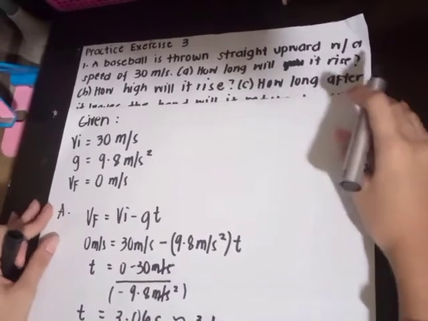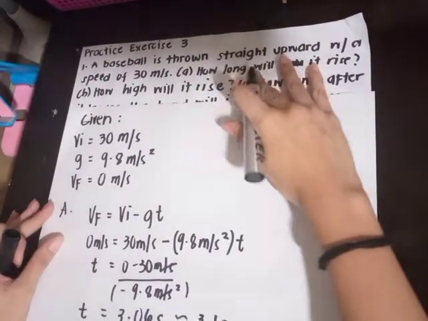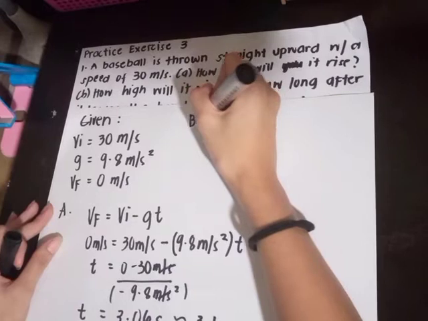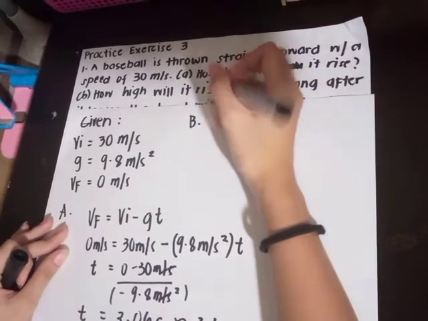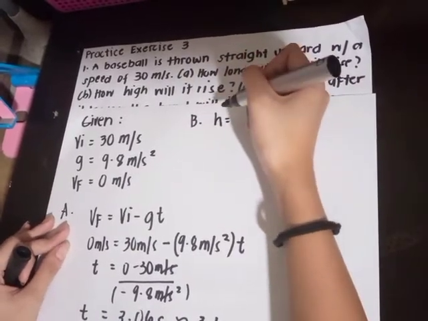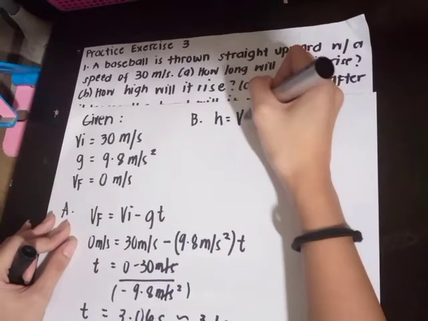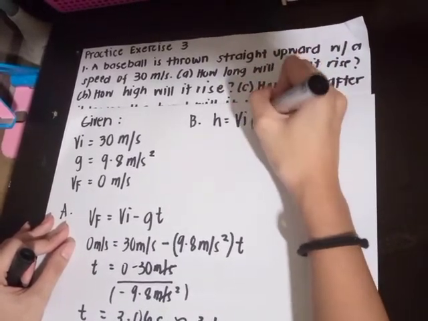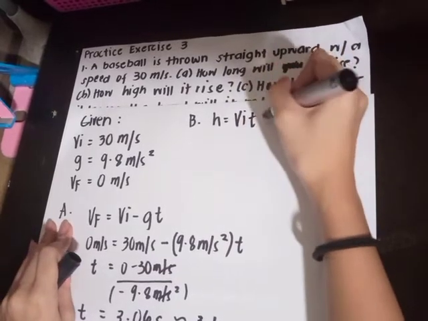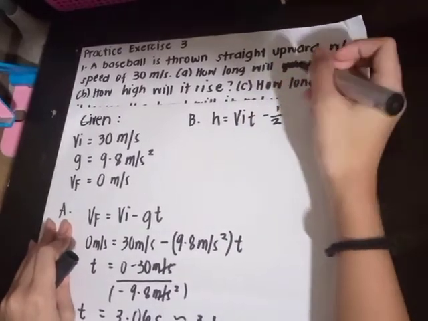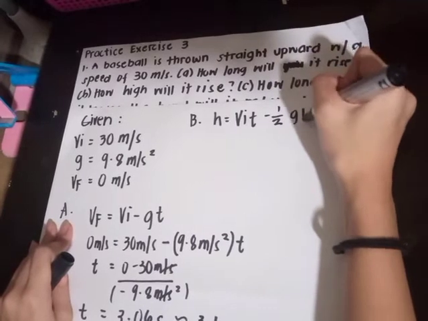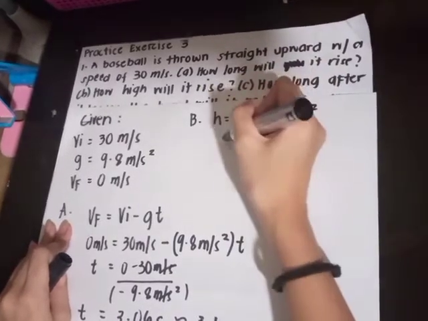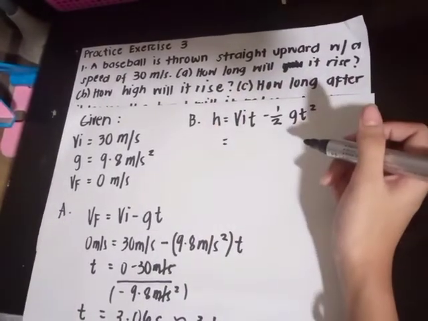So we have the formula for letter B. We have the formula of height equals initial velocity and time minus 1/2 of the product of gravity and time squared. So substitute the given.